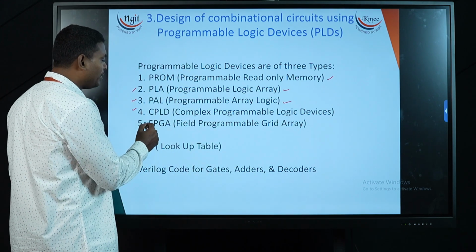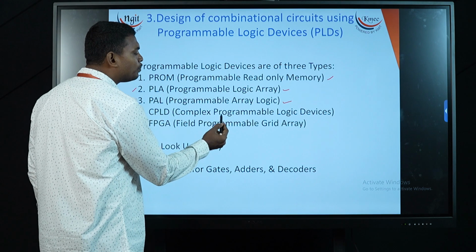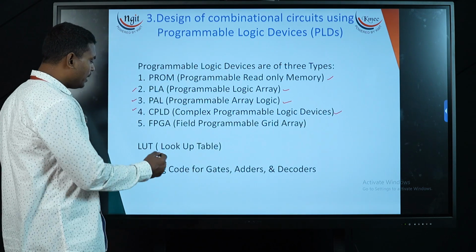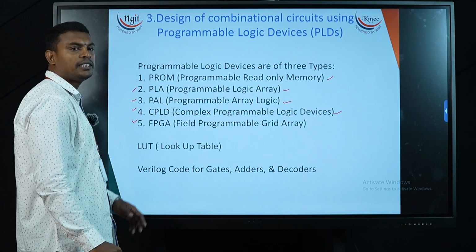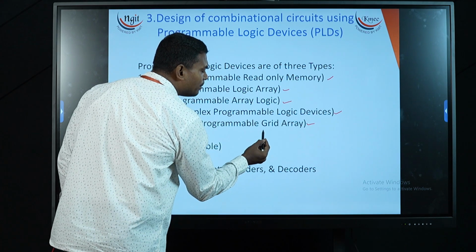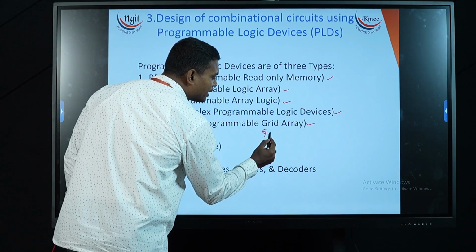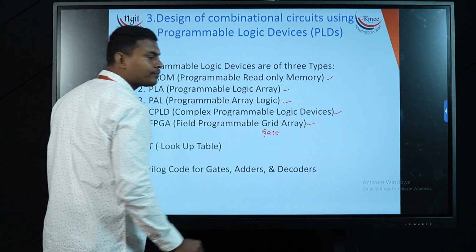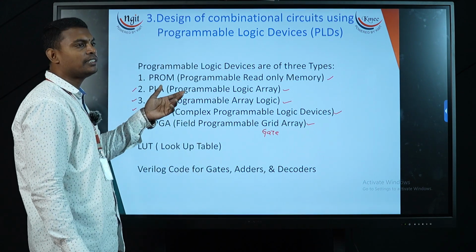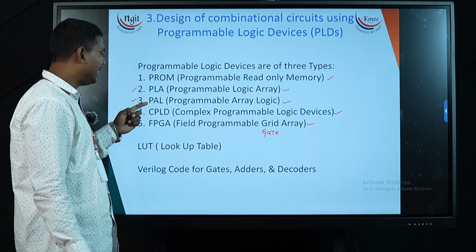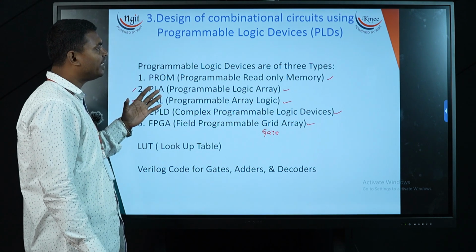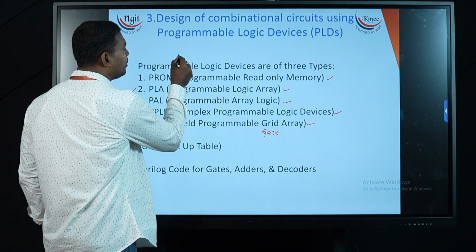Fourth one is CPLD, means complex programmable logic devices. Next, the last, fifth one is FPGA, that is field programmable gate array. In some textbooks this is also written as gate array. So you find these 5 types under PLDs: PROM, PLA, PAL, CPLD and FPGA.